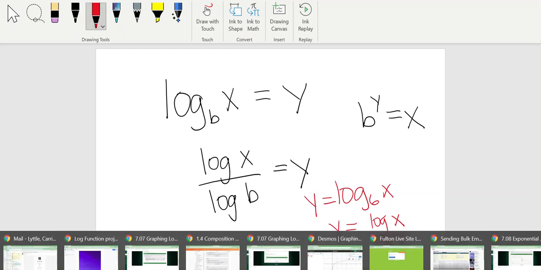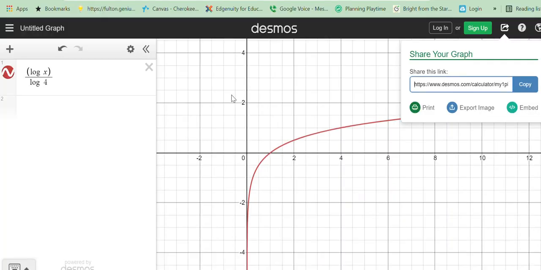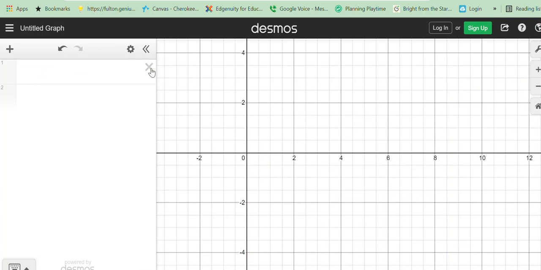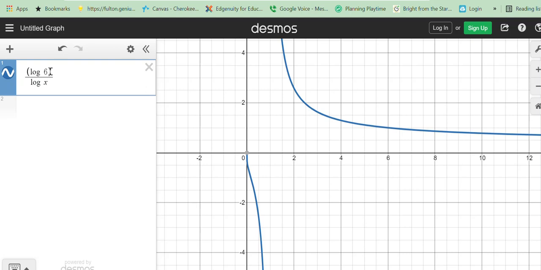So now using your online graphing technology, we're going to start off with log of 6 divided by, and I had to put that in parentheses, notice, log of x.